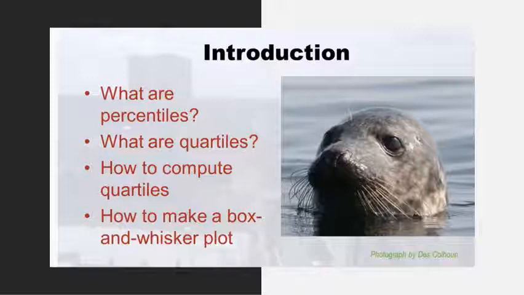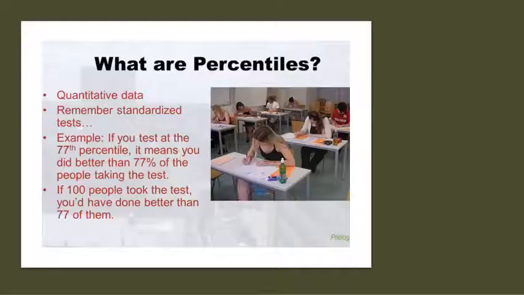And I put that lovely picture of a seal or sea lion, I'm not sure, maybe it's an otter, but it's very cute. And look at those whiskers. We're not going to learn about animal whiskers, but we are going to learn about a box and whisker plot. Okay, so first of all, what are percentiles even?